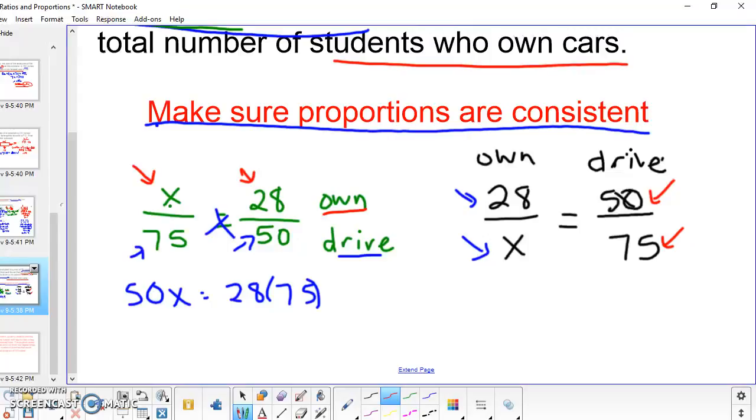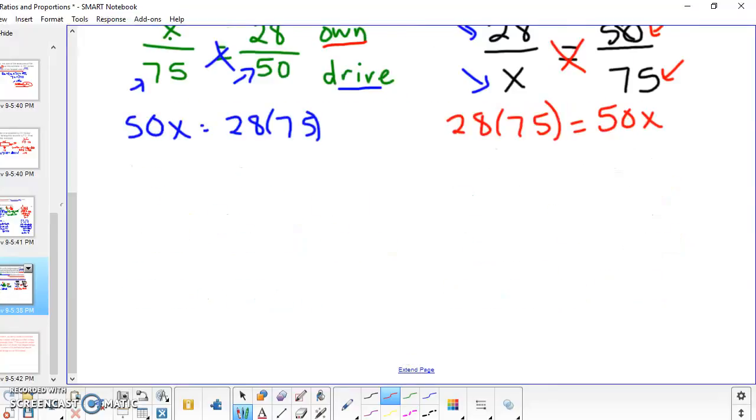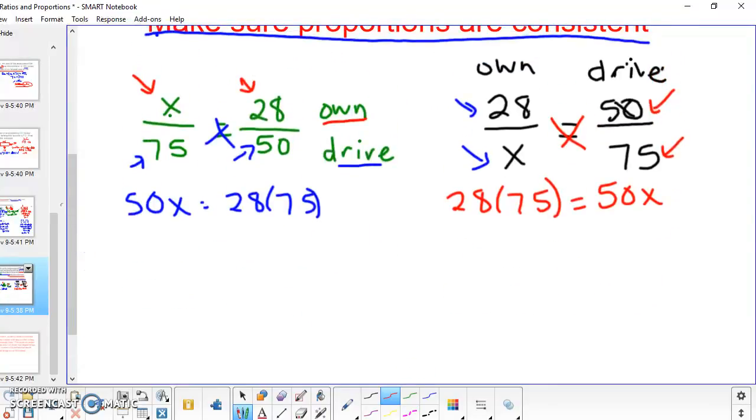So even though this proportion looks much different than the one on the left, when you cross multiply, you still get 28 times 75 equals 50 times x. And you could set it up a bunch of different ways. You could also do these upside down.